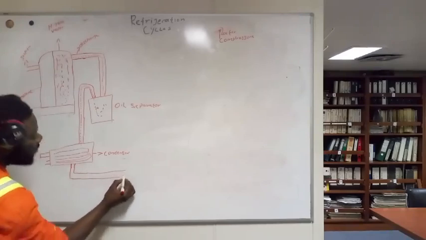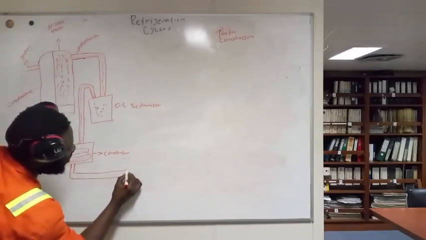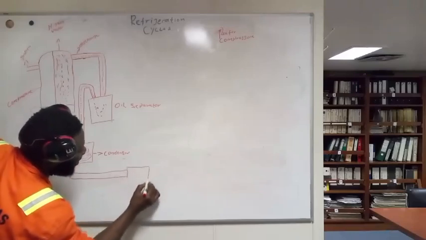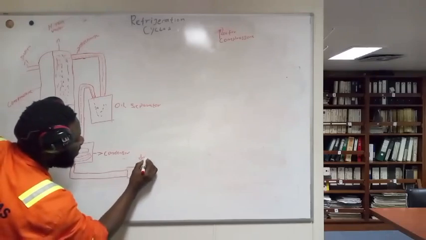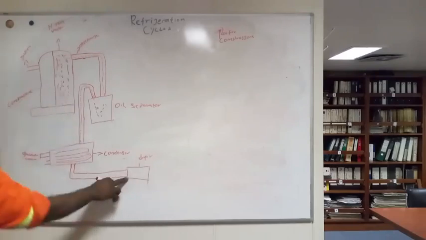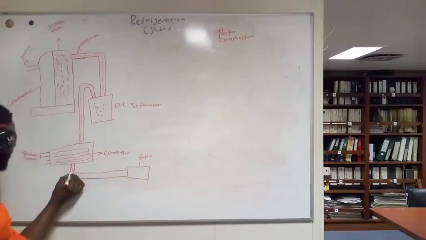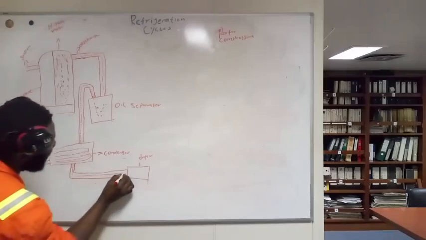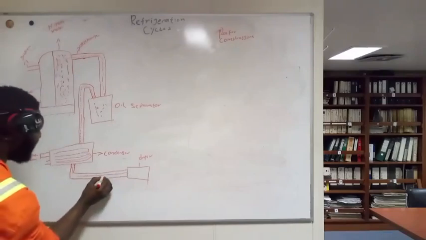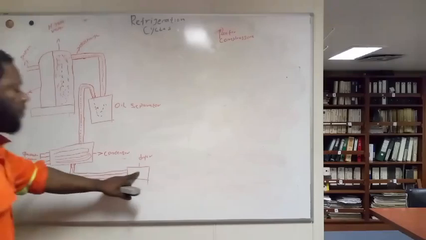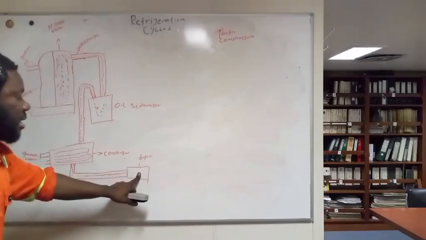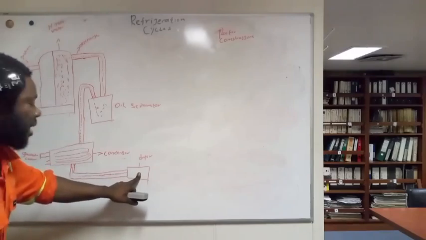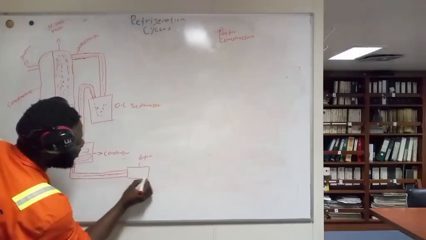it moves down to the dryer. The function of this dryer is to remove the particles and the water away from the gas.